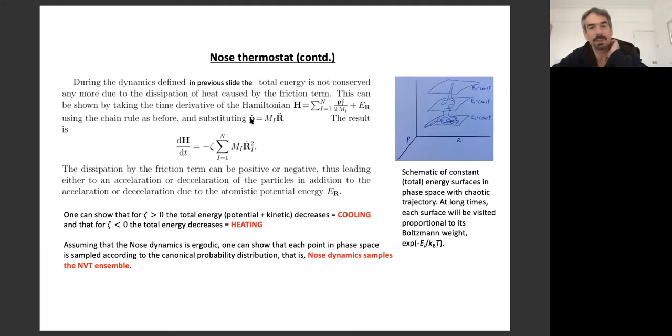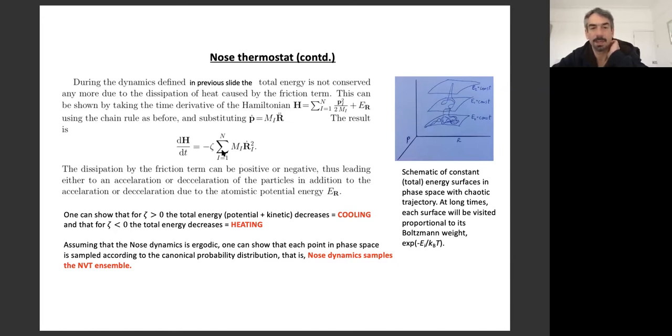What you can do is calculate the time derivative of that modified Hamiltonian, and the result is this equation here. So over time, the total energy of the system changes proportional to that term on the right-hand side.